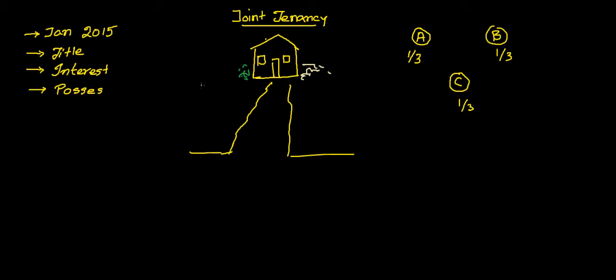Now, let me select a different color. The key concept of joint tenancy is the right of survivorship. As long as A, B, and C are all living and in possession of this house, they have a joint tenancy.